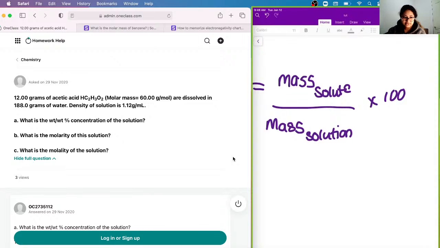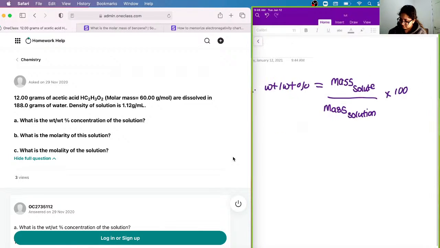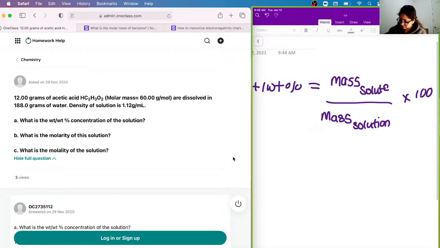And so the mass of the solute here is acetic acid, and it's given by 12 grams, so we can substitute that. So you write 12 grams.